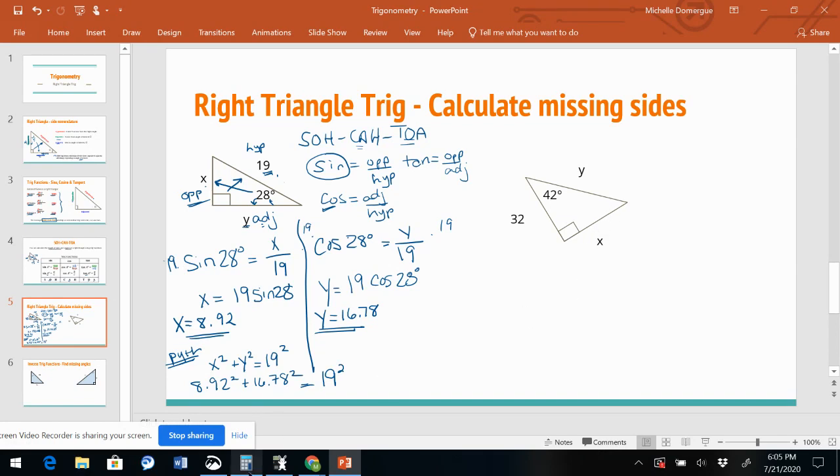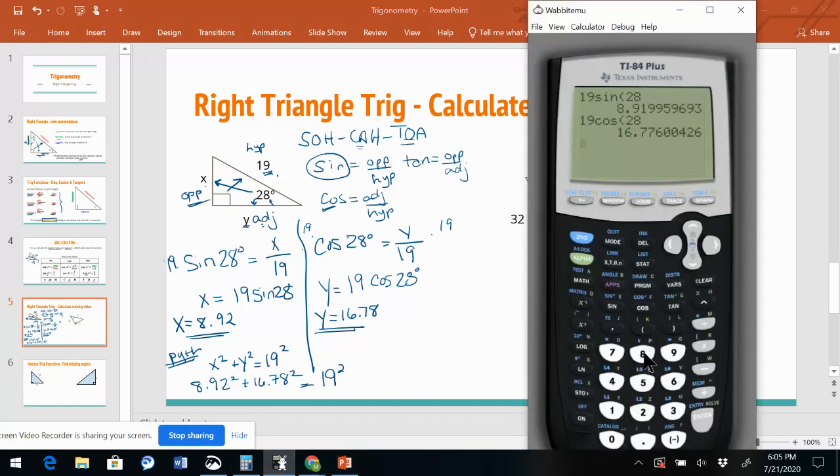So let's go ahead and check that on our calculator. So I type in 8.92 and I square that. And I add 0.78 squared, sorry if you can hear my dog barking, 16.78 squared. And I press enter. So I get 361. I know that that's going to equal 19 squared.